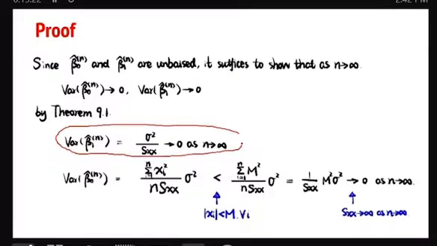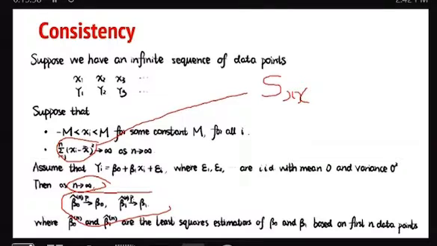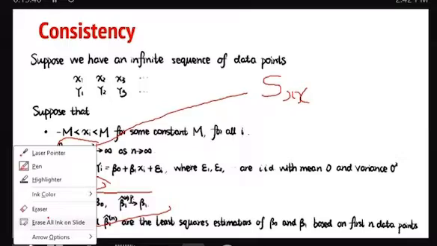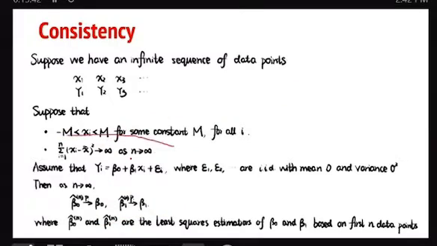The variance of beta 1 cap is sigma square over SSS. And what did I say the other time? I said when n tends to infinity, SSS tends to infinity. Do you see this guy? That is SSS. When n tends to infinity, the sum of square deviations around the independent variable tends to infinity as well.